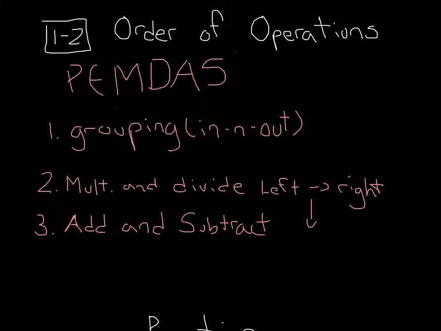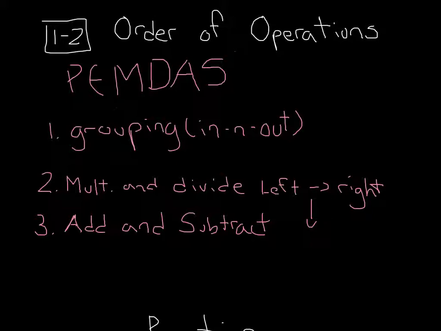Alright, so let's start with PEMDAS. PEMDAS is basically an acronym that tells you the order of operations. PEMDAS stands for parentheses, which is P, E, which is exponent, M, which is multiplication, D, which is division, A, which is addition, and S, which means subtraction. So it starts with the one that you have to start with.